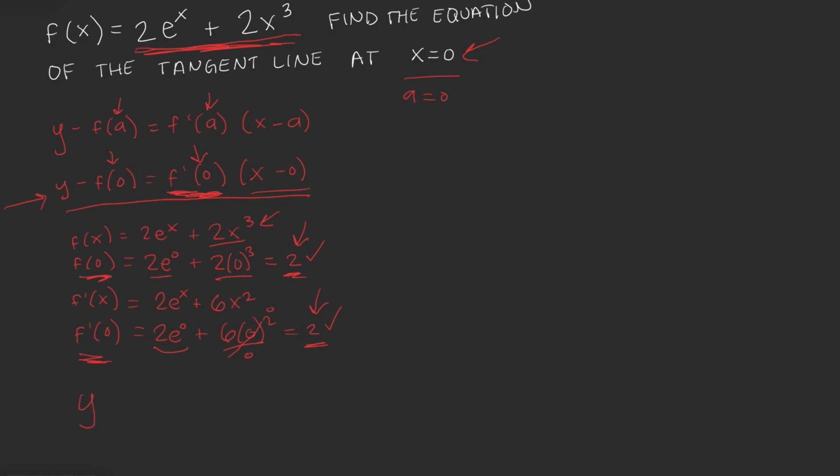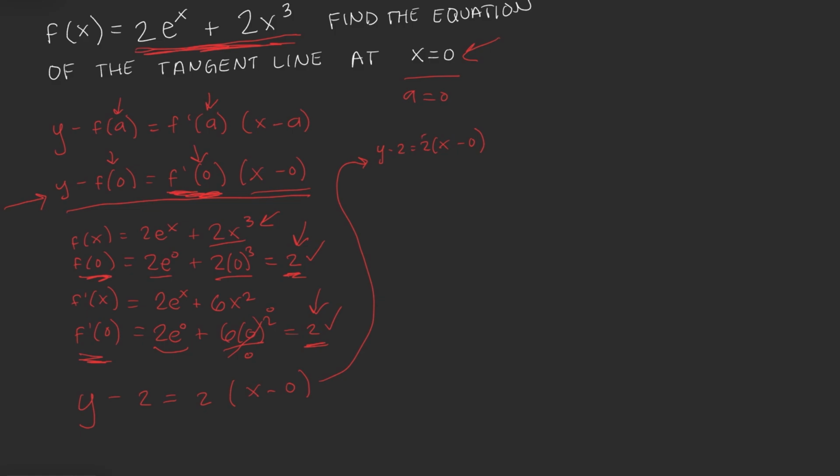So we have y minus the original function evaluated at 0, which is 2, equals f prime of 0, which is just the derivative of the original function evaluated at 0, which is also 2, and then x minus 0, like this. Let me bring my work over here. I'm running out of room. Okay, y minus 2 equals 2x minus 0. I just rewrote what I had.